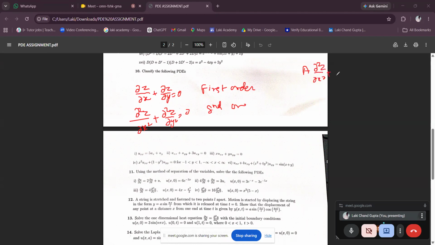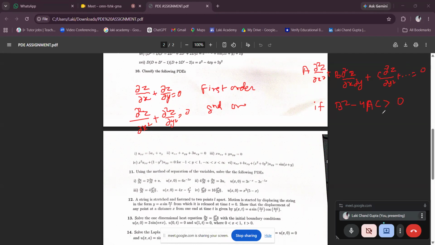del x square, b, del x del y, and so many variables are there. If b square minus 4ac, right, is greater than 0, right?